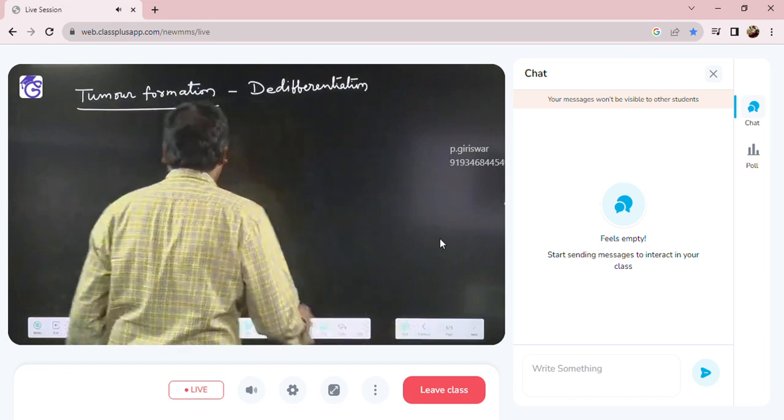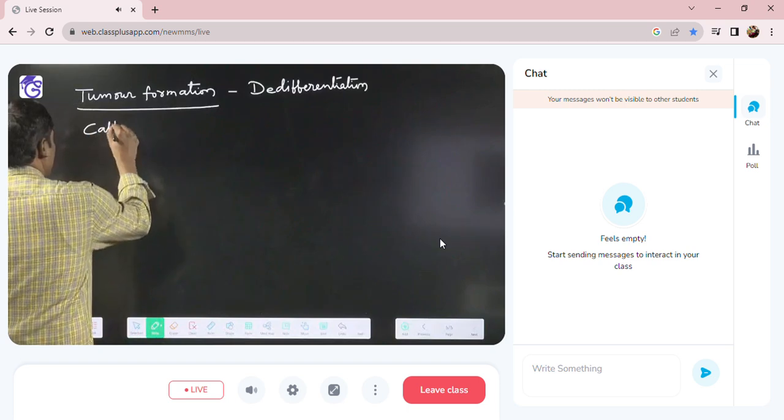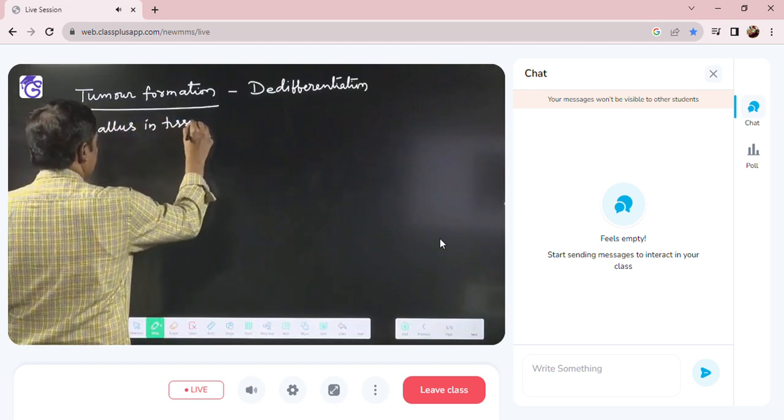And similarly, one more example: formation of callus in tissue culture.